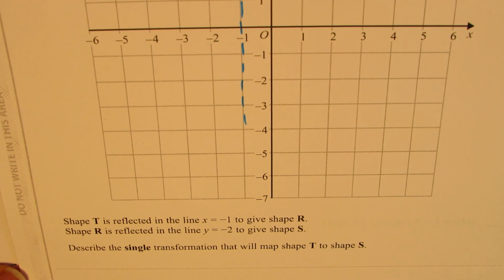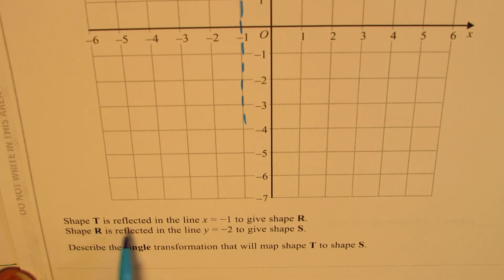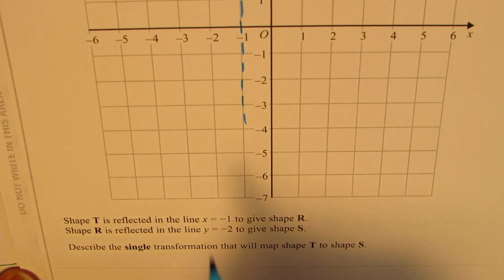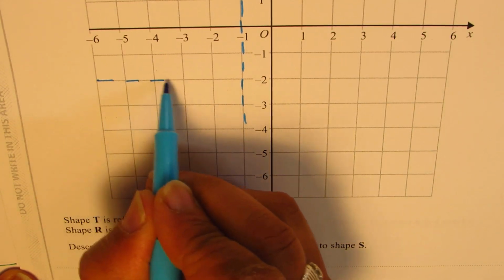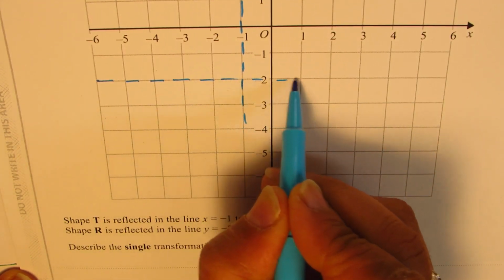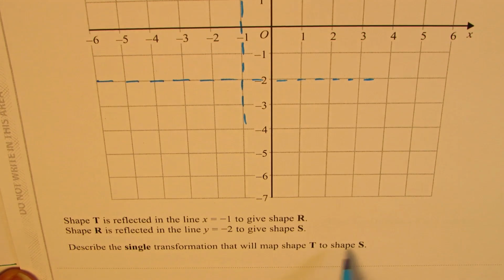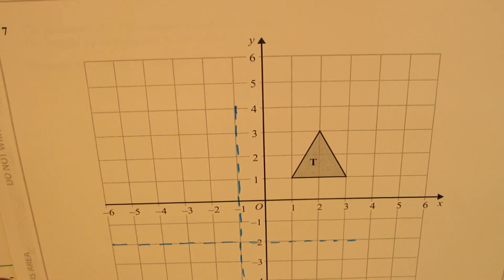Right. So let's read the question. Shape T is reflected in the line x equals minus 1 to give shape R, and shape R is reflected in the line y equals minus 2. So the other line on which we are reflecting is this. To get S. Describe the single transformation that will map the shape T to shape S. So let's do the reflection and work it out.